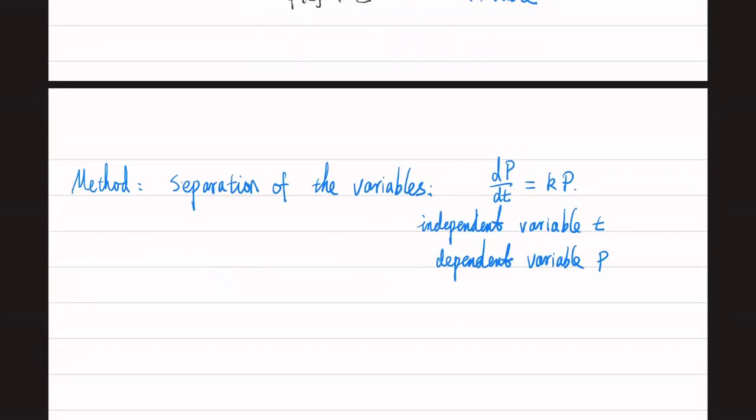We want to separate the two variables. We will put t on one side and p on the other side. This is separate dp over p.